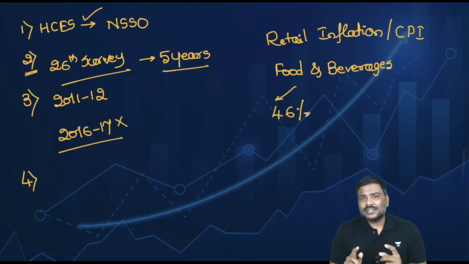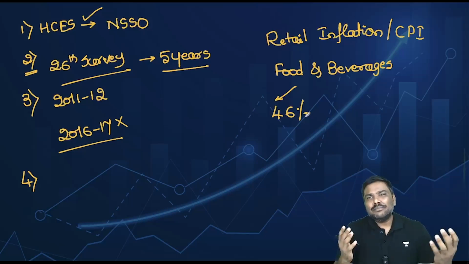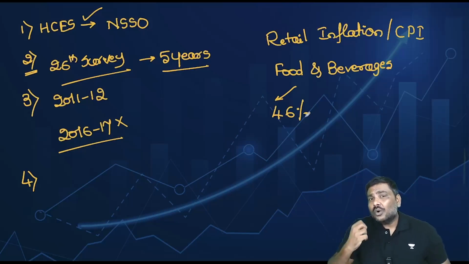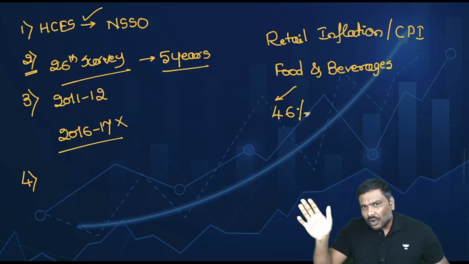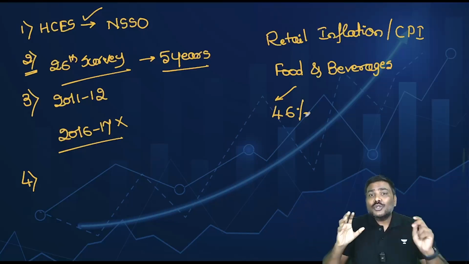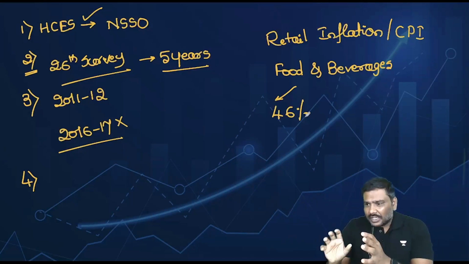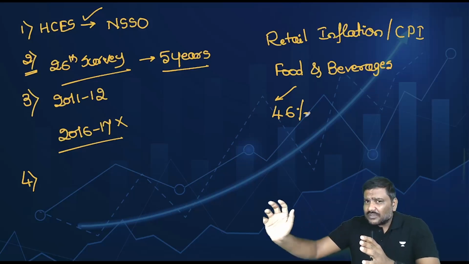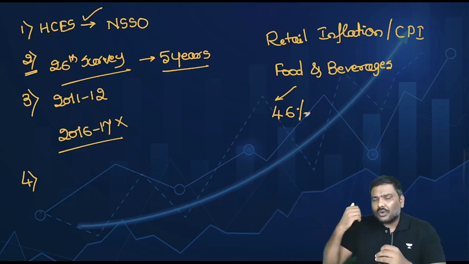I hope you understand this. It represents the importance given to household consumption expenditure on these commodities. So having a weightage gives a very good idea: if prices of these commodities change, what is the impact on the household?